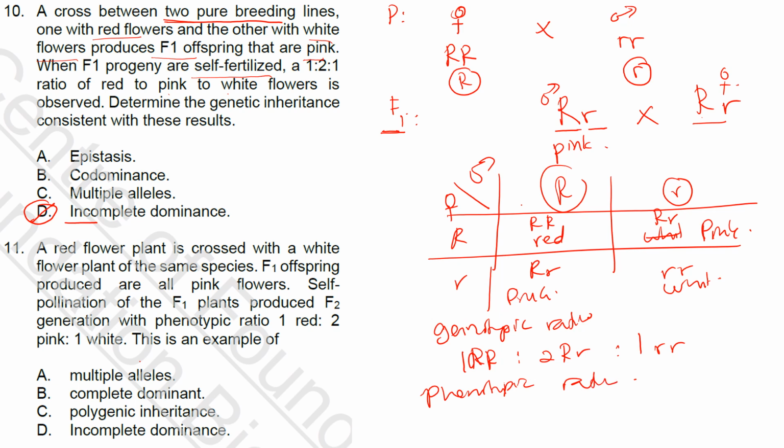The phenotypic ratio would be 1 red to 2 pink to 1 white, right? So that is the phenotypic ratio, 1:2:1, which is the ratio for both genotypic and phenotypic ratio. So it is incomplete dominance.